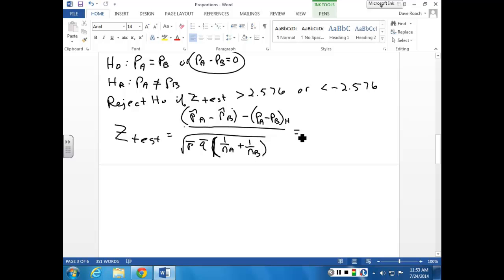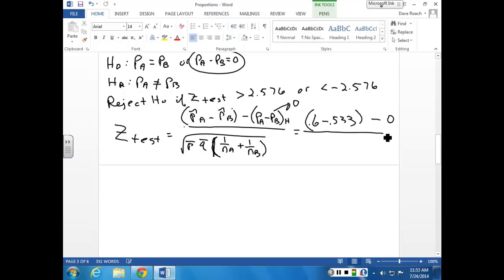Our sample proportions, I think, all right, it's 0.6, doing this from memory, 0.533, I believe that's what we had. Minus the hypothesized difference, which is 0. Okay, again, that is always going to be 0.